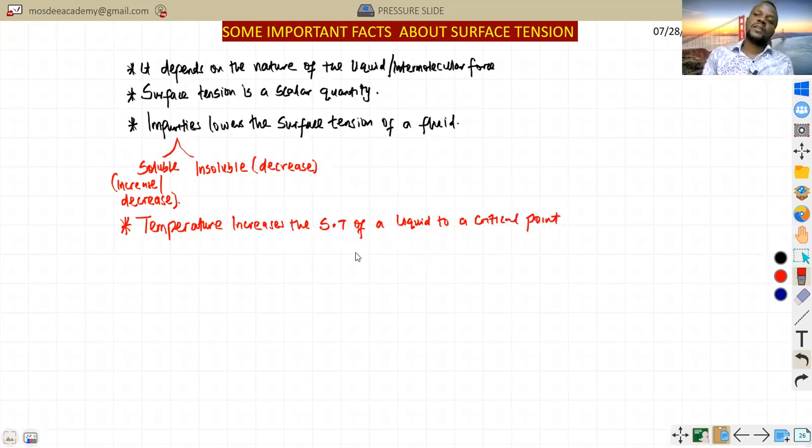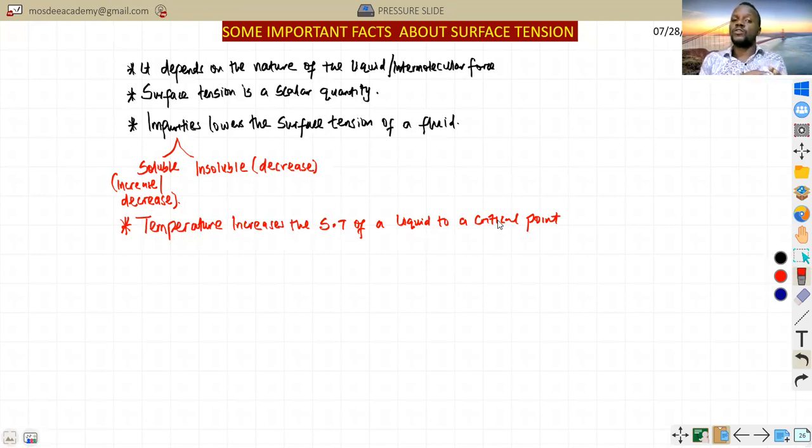So what I'm trying to say now, my dear student, is that the effect of temperature on the liquid is that it will increase it to a particular point, which we call the critical temperature. At the critical temperature, you start seeing the surface tension going down. So these are little things you can keep in mind.